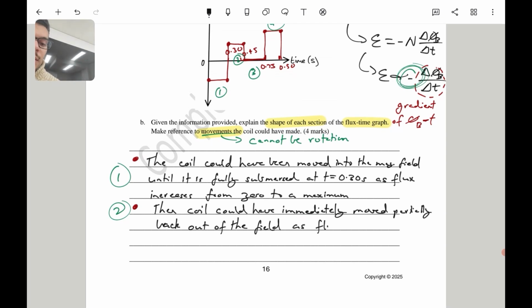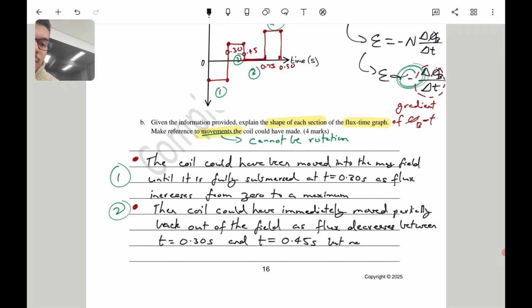as the flux decreases between t equals 0.30 seconds and t equals 0.45 seconds.